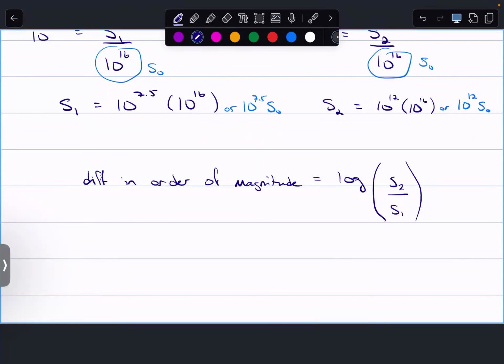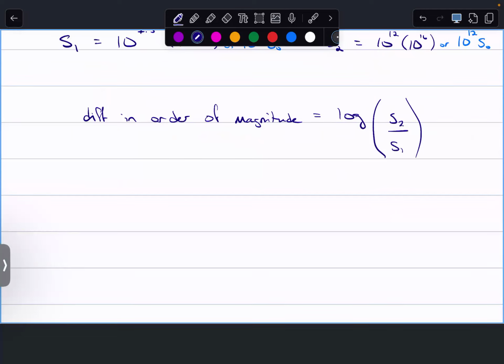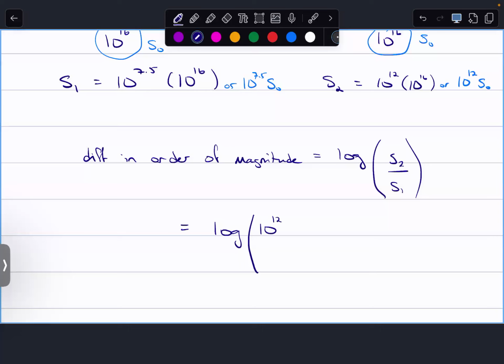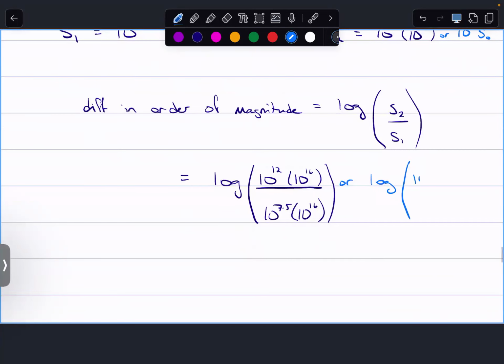We just solved for these. And either way, I'm going to bump it over here, because this is going to be the log of 10 to the 12 times 10 to the 16. And I'm not simplifying them on purpose because they're about to cancel, right? Divided by 10 to the 7.5 times 10 to the 16. Or the log of 10 to the 12 S naught over 10 to the 7.5 times S naught, if you wanted to keep them there.